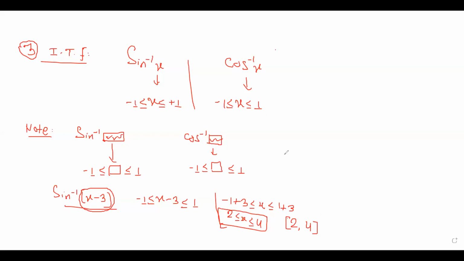Okay, write down fast, and when you complete, tell me, sir, I have noted. Sine inverse of this box means whatever is in this box will lie from minus 1 to 1, according to the situation and according to the question.